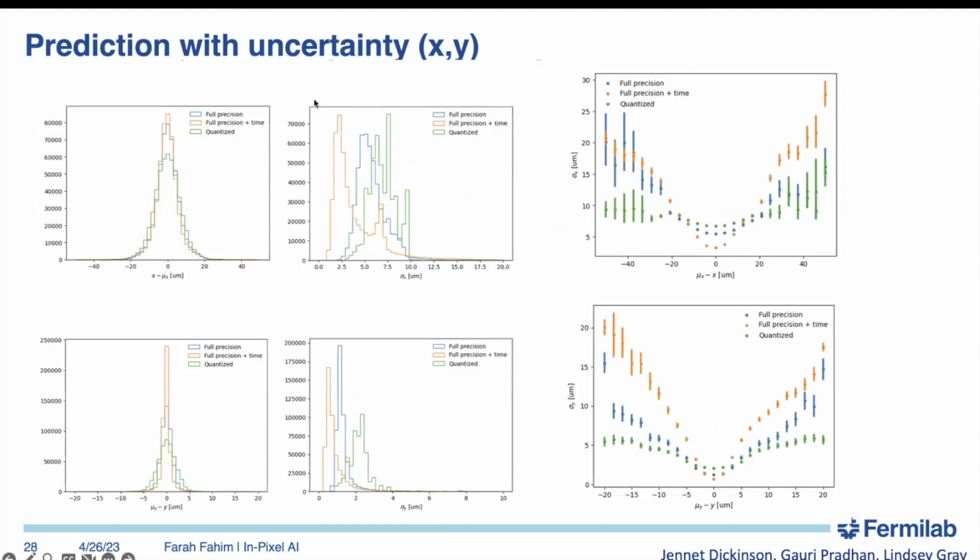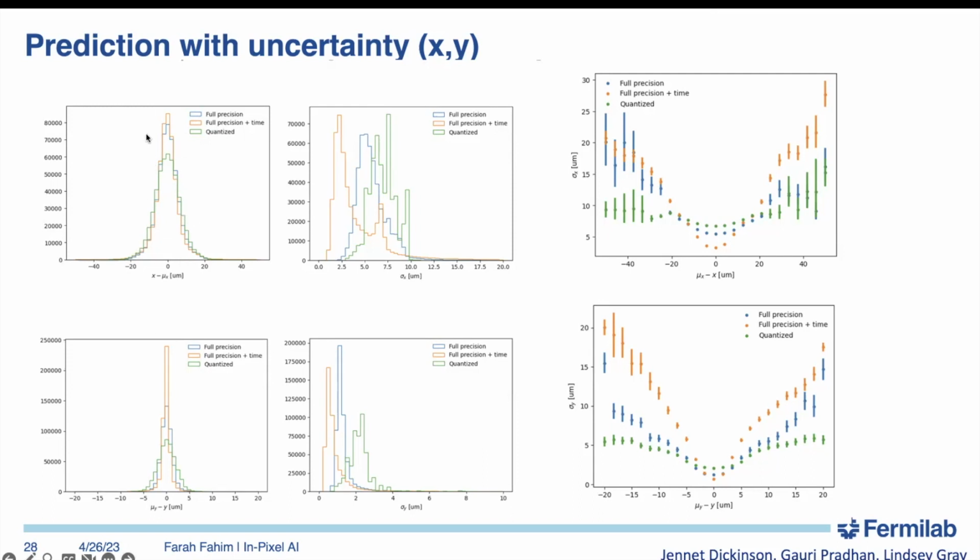Okay, so here are some of our very early algorithm results. You can see this one here is the full precision, the blue one, and the orange one is full precision with time, and the green one is the quantized algorithm.